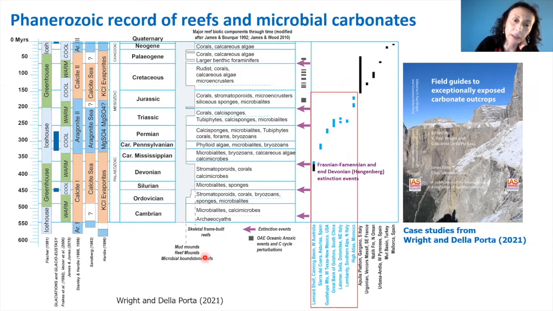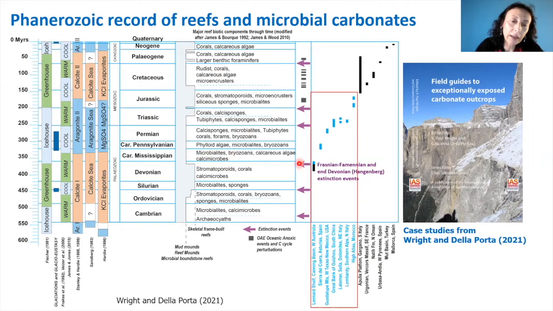This portion of the diagram shows, with the wider areas, the times when reefs and bioconstruction were dominated by skeletal frame reef built in the Ordovician, Devonian, and then from the late Jurassic, and periods during which microbial carbonates dominated, forming mud mounds or microbial boundstone margin.